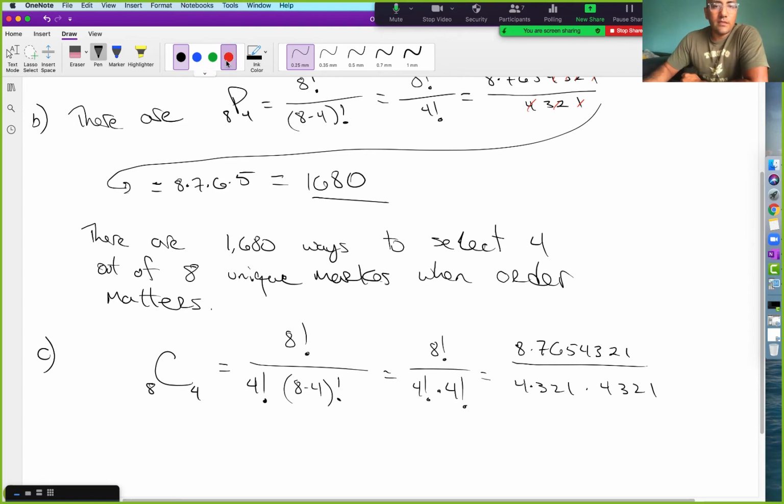So one of them easily reduces, 1, 2, 3, 4, 1, 2, 3, 4. And now these, well, okay, 4 times 2 is 8, so that cancels out with that 8. And then this 3 reduces with that 6 to give you a 2. And so the only thing that survives all of this cancellation is a 7, a 2, and a 5.